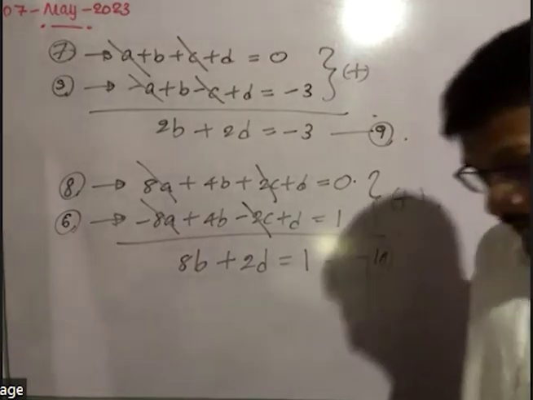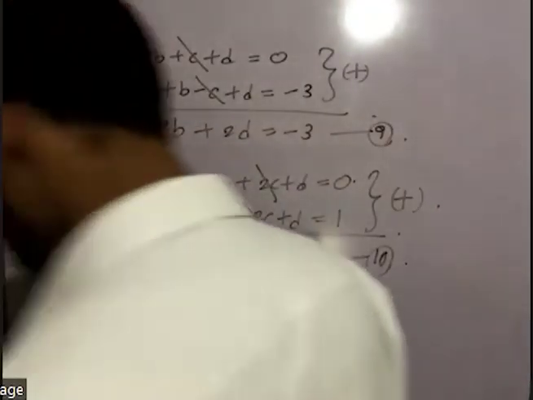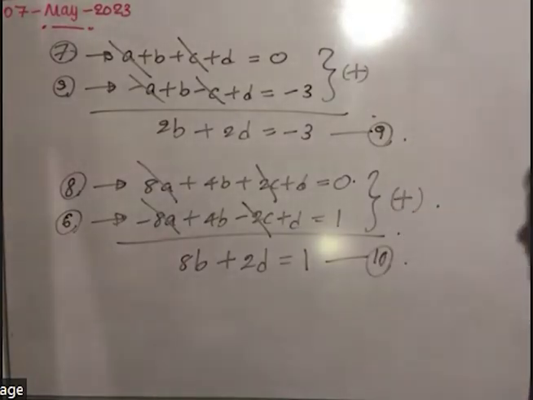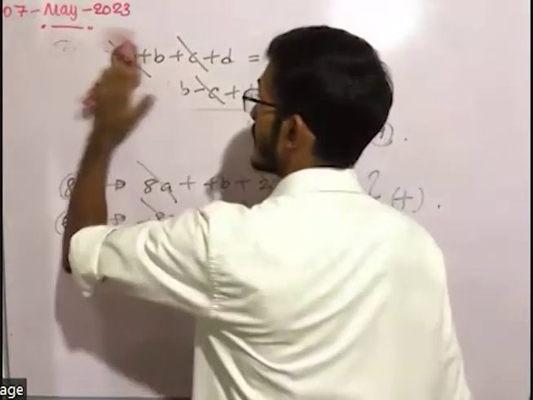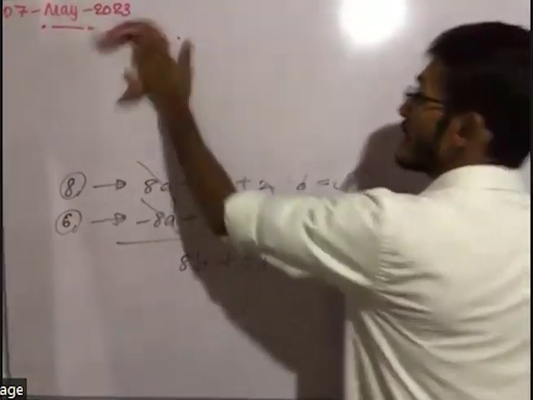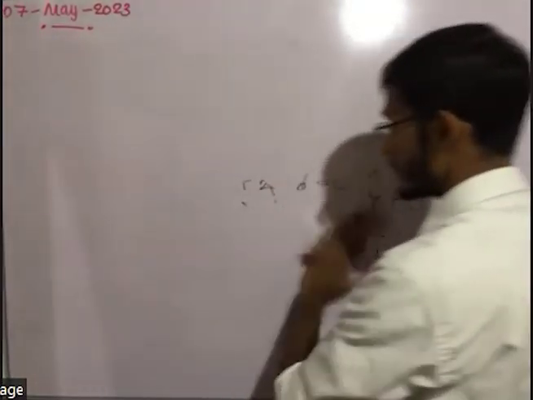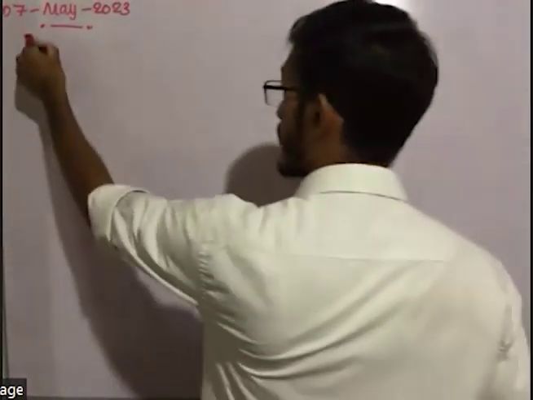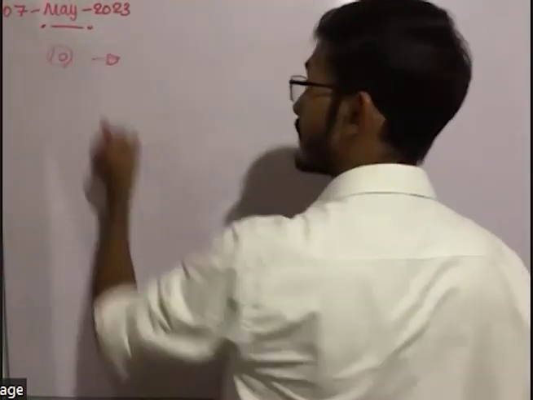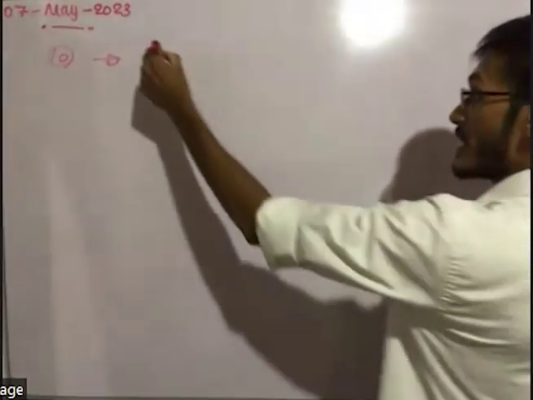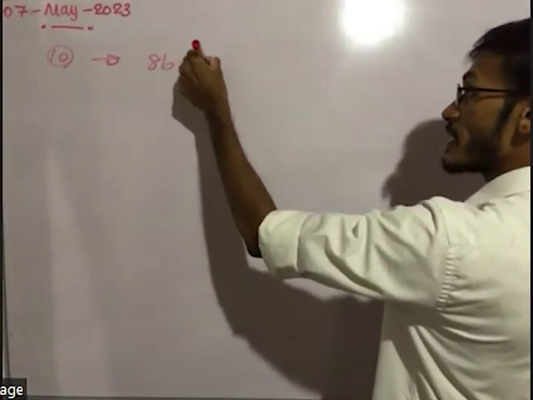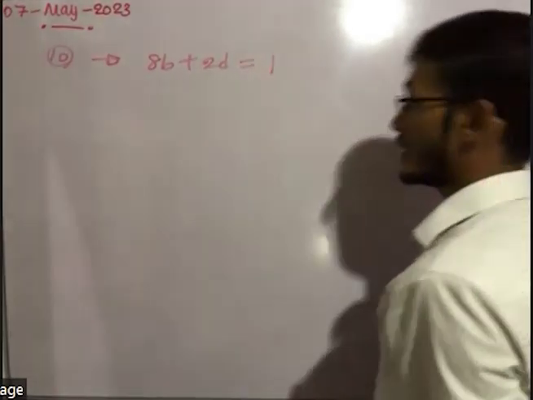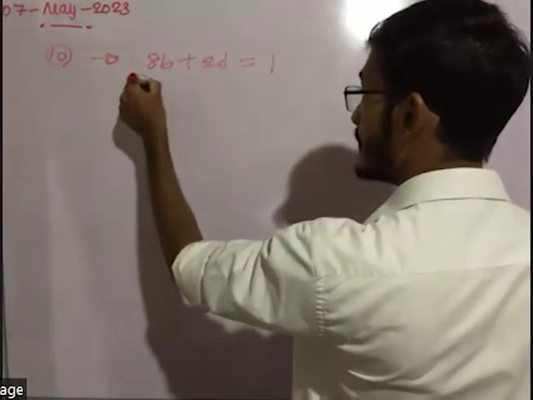So using number 9 and number 10, we can find the values of b and d. From number 10, I can write down 8b plus 2d equal to 1.